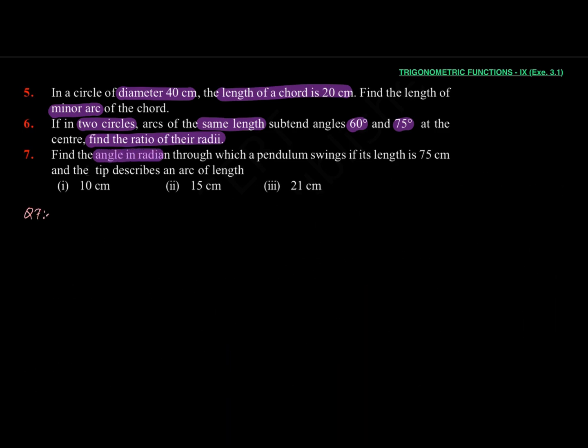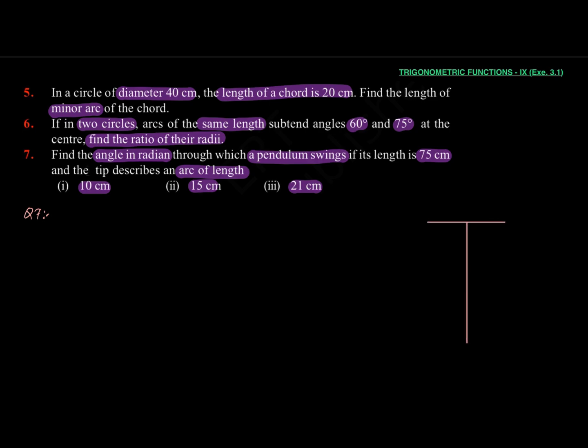Question number 7 states, find the angle in radian through which a pendulum swings if its length is 75 centimeter and the tip describes an arc of length. Part first is 10 centimeter, part second is 15 centimeter and part third is 21 centimeter.